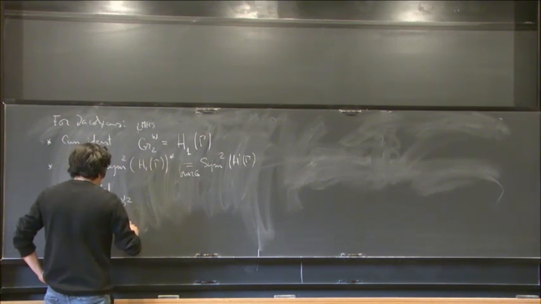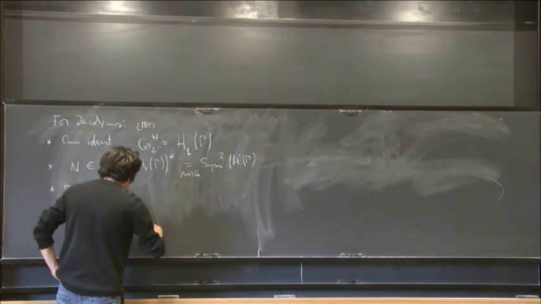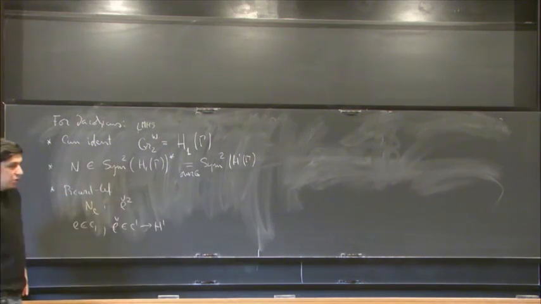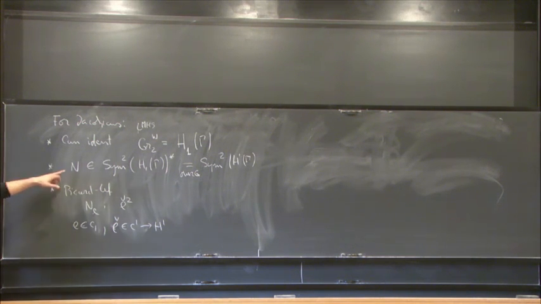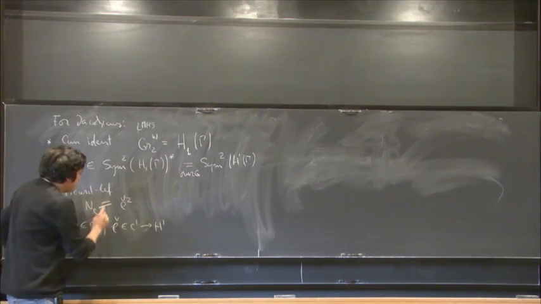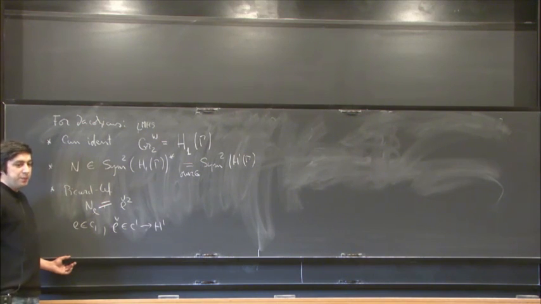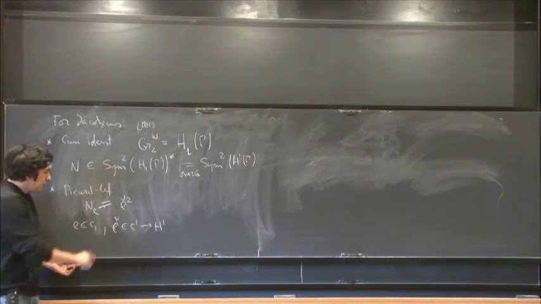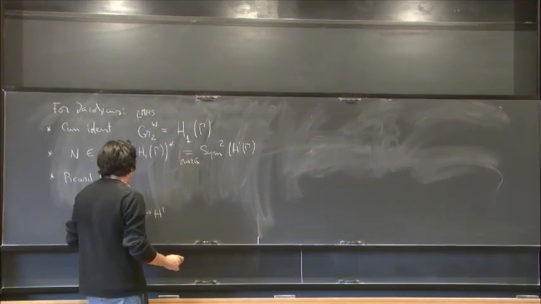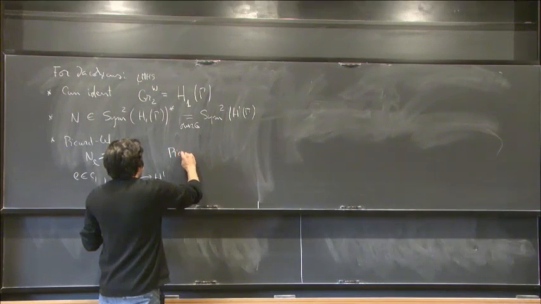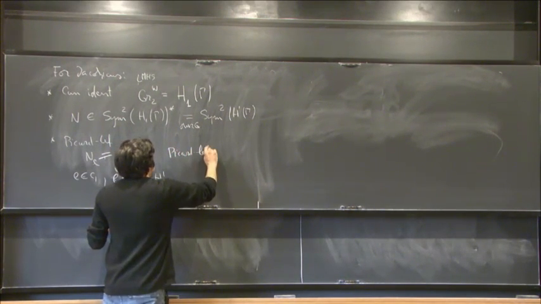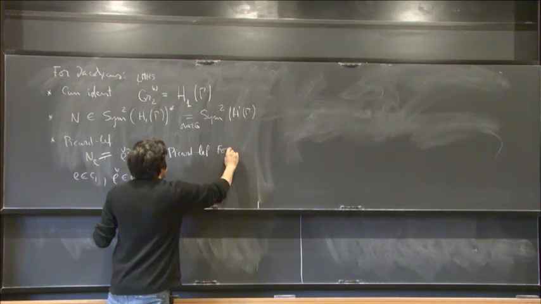E dual would be an element of C upper 1, and you take the image in H1. So your monodromy transformation with this identification is simply E dual squared. This is just the standard Picard-Lefschetz formula.